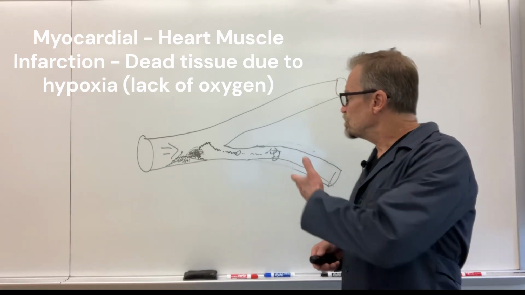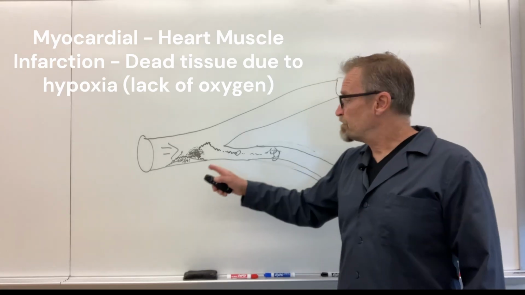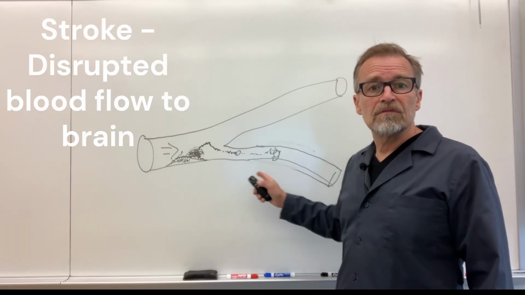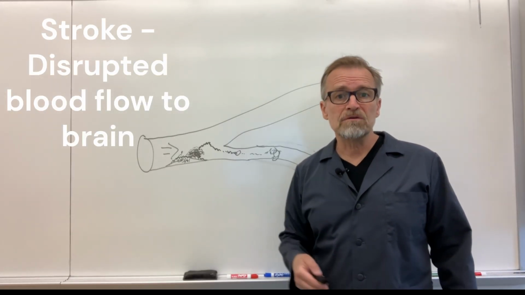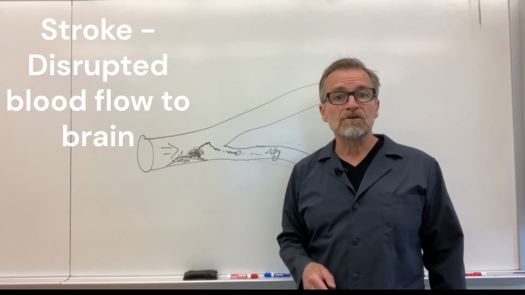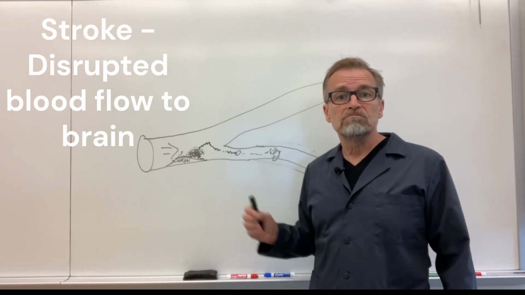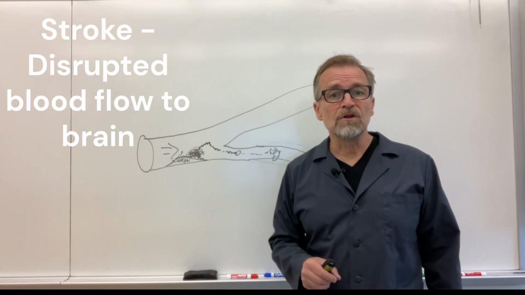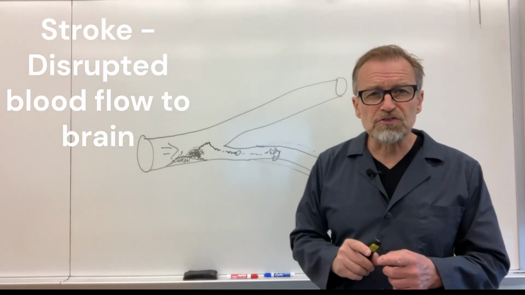It could lead to a stroke. If this vessel was going to your brain, then now you don't get adequate flow of oxygen to your brain, and that's a stroke. So this kind of process is going to be central to a lot of what we talked about. Let's begin with that stroke.